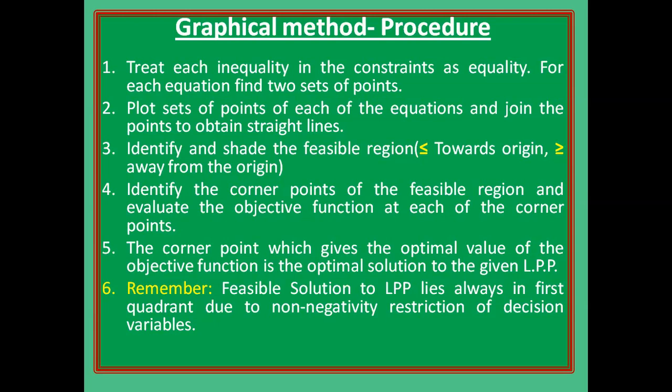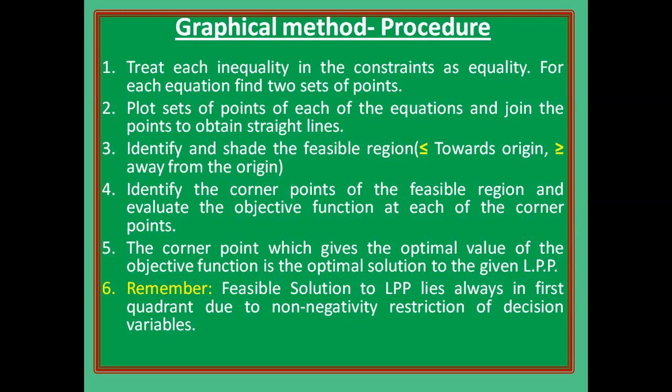Then next, after joining them using straight lines, identify and shade the feasible region. What is the feasible region? We know already the feasible region always lies in the first quadrant itself, and it has to satisfy all the constraints and even the non-negativity restrictions. Mark or shade the region which satisfies all the constraints and non-negativity restriction.